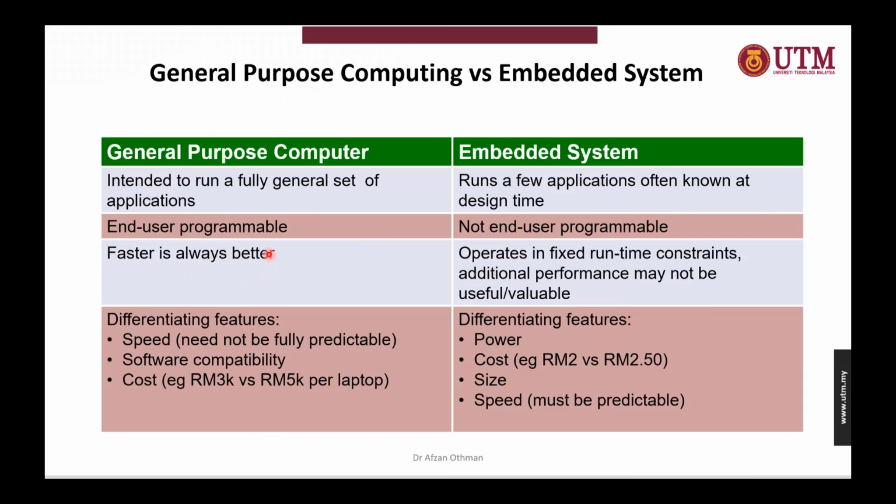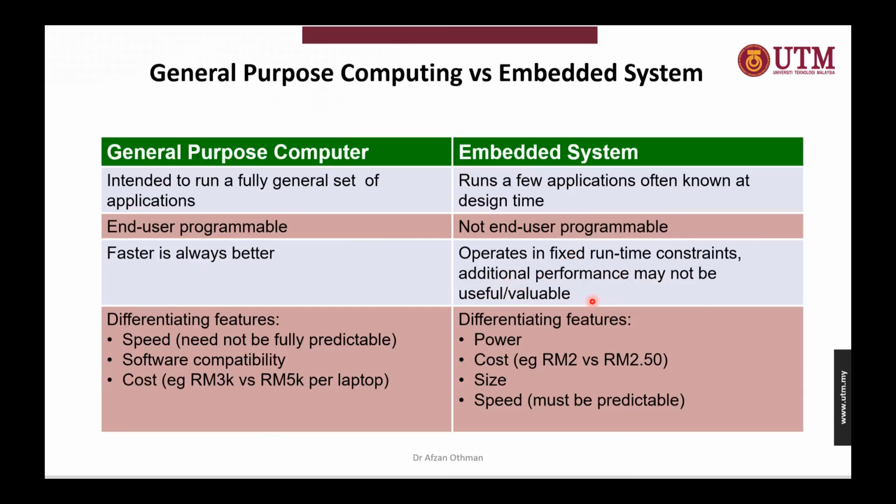Compared to that, the embedded system operates in a fixed time constraint, which means we have minimal resources as long as the device is working. That should be more than enough. So additional performance may not be useful or valuable.